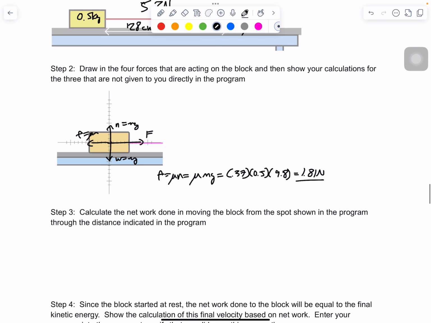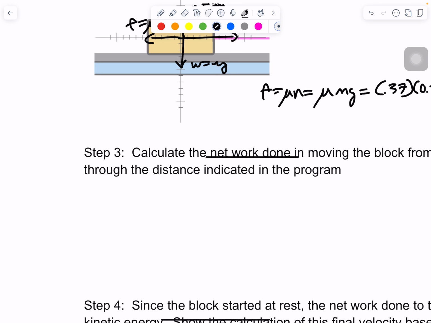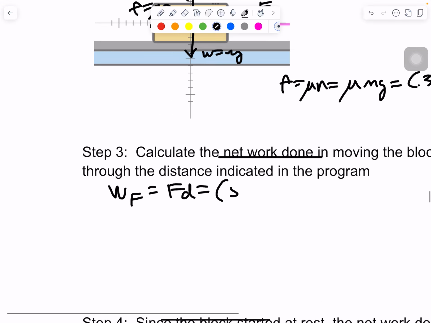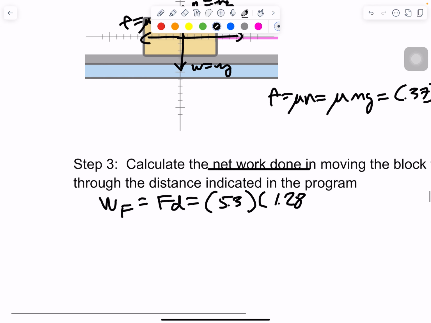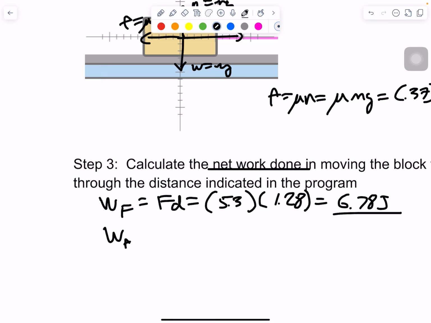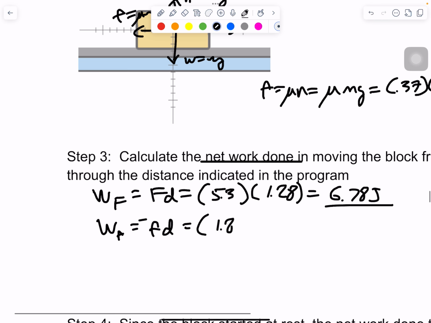So I need that. Okay, so let's calculate the net work. I've got to calculate the work done by the applied force. That's going to be the applied force times distance, which is going to be 5.3 times the distance of 1.28. 6.78 joules of work. The work done by friction is going to be friction times distance. Technically, it's negative. Okay, so friction, as we found, was 1.81 times the same distance.